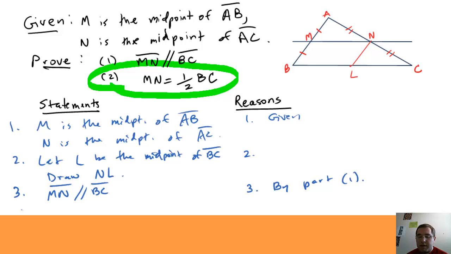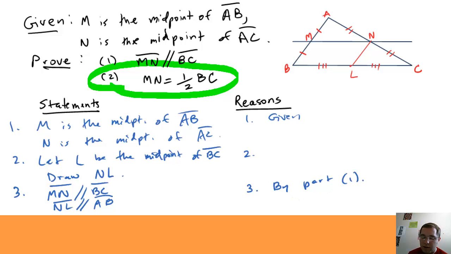But if L is the midpoint of BC, then NL is a segment that joins the midpoints of two sides of the triangle, AC and BC. So by part 1, NL must be parallel to AB. I'm just applying part 1 to that new line that I've drawn. NL is parallel to AB.